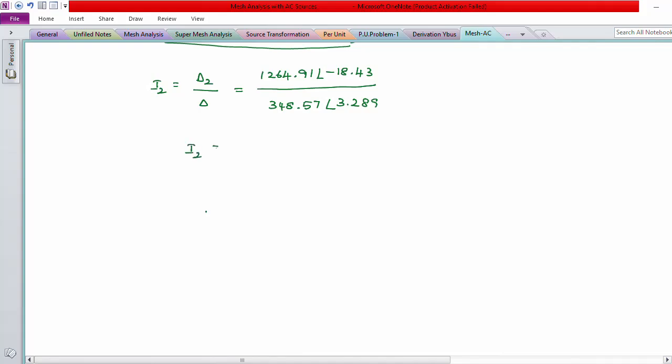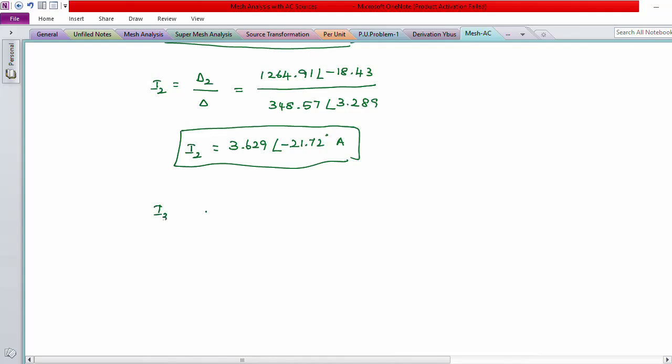So if you simplify that, I2 becomes 3.629 at an angle minus 21.72 degree amps. So this is the value of I2 in polar form.